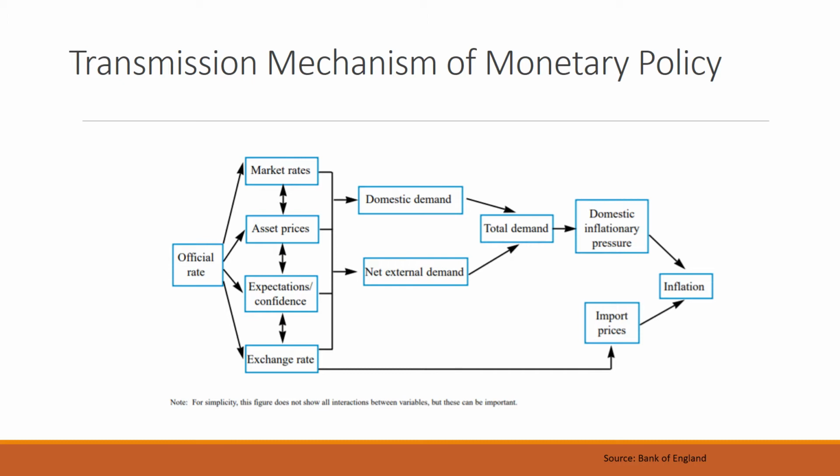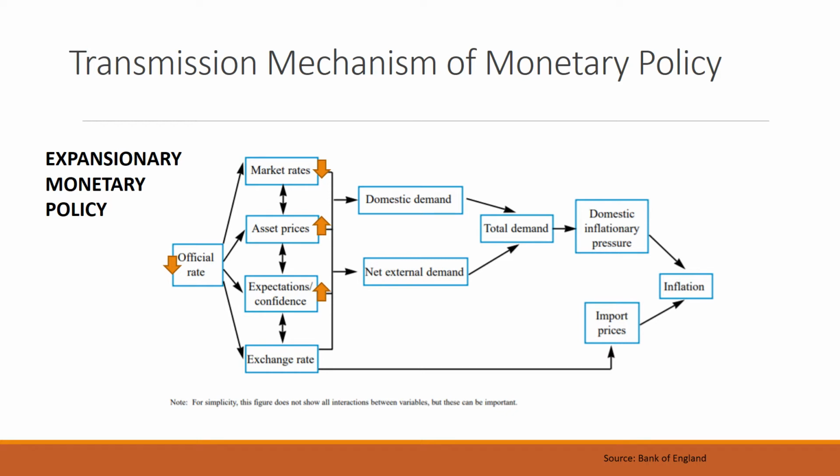For example, when the central bank conducts an expansionary monetary policy, which is when the central bank reduces the official rates, market rates, or the interest rates charged by commercial banks, should also fall. Asset prices should rise. Investor and consumer confidence expectations should also rise.